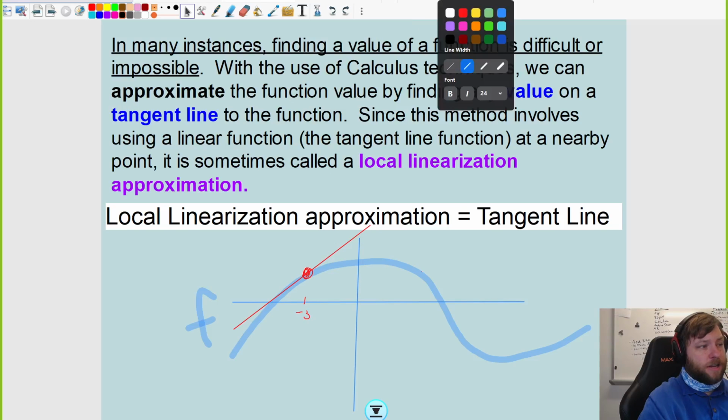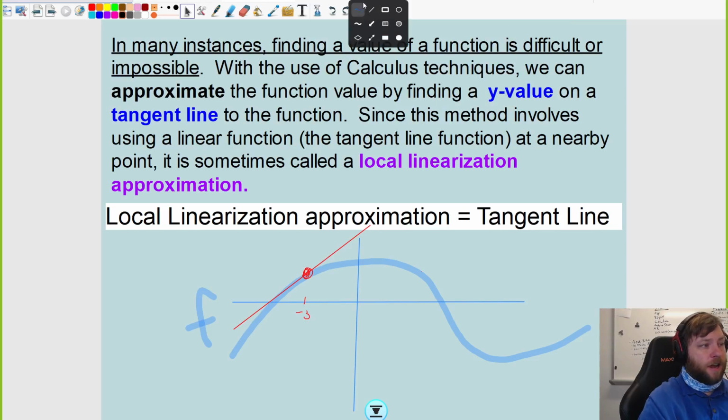And then the idea is that I have this tangent line, I have this equation for the tangent line, whatever this is, in y equals mx plus b form. Sure, I can use this line maybe at x equals -2.9. Instead of using the actual y value of this graph, I can approximate that y value with this tangent line.